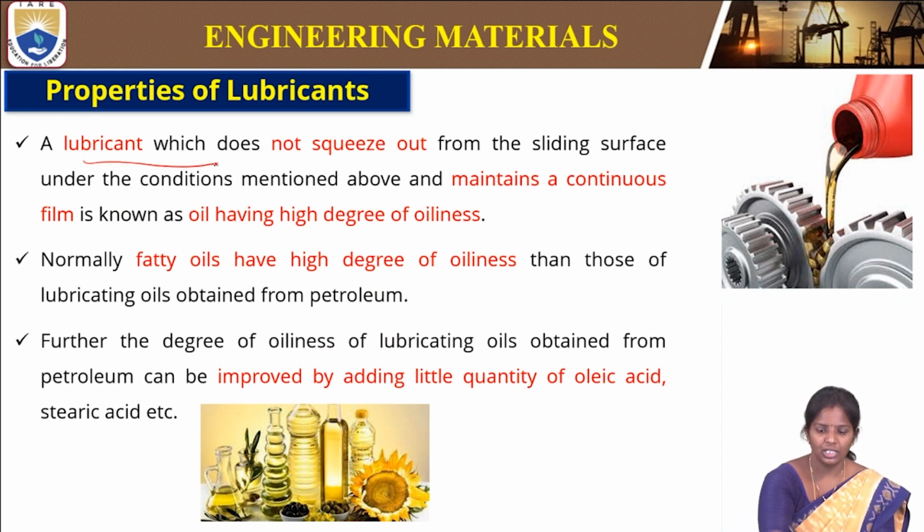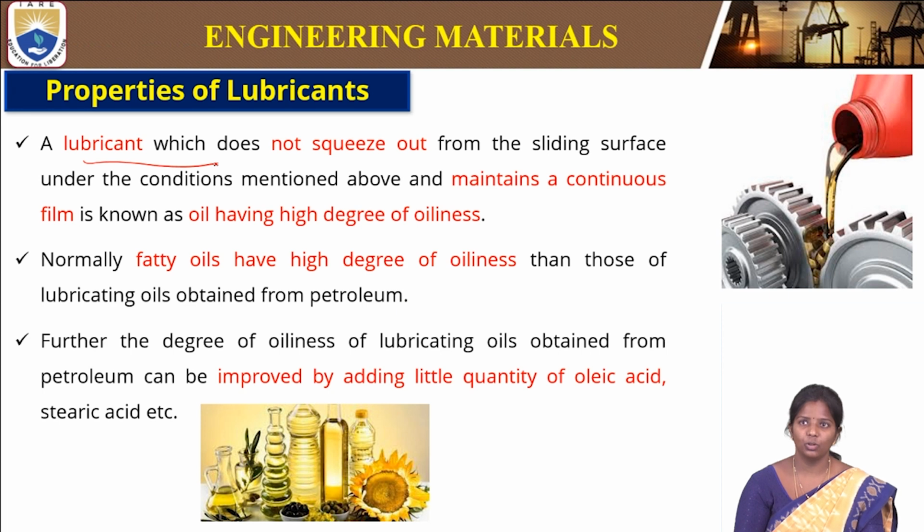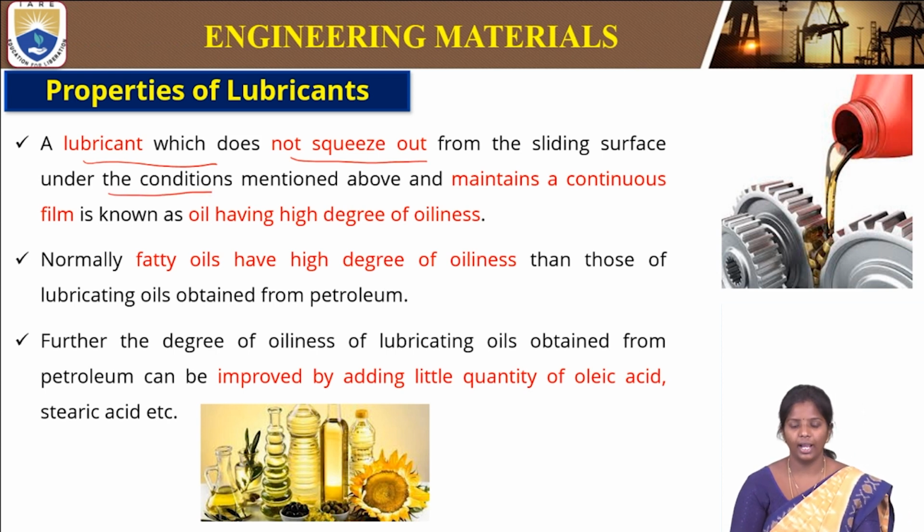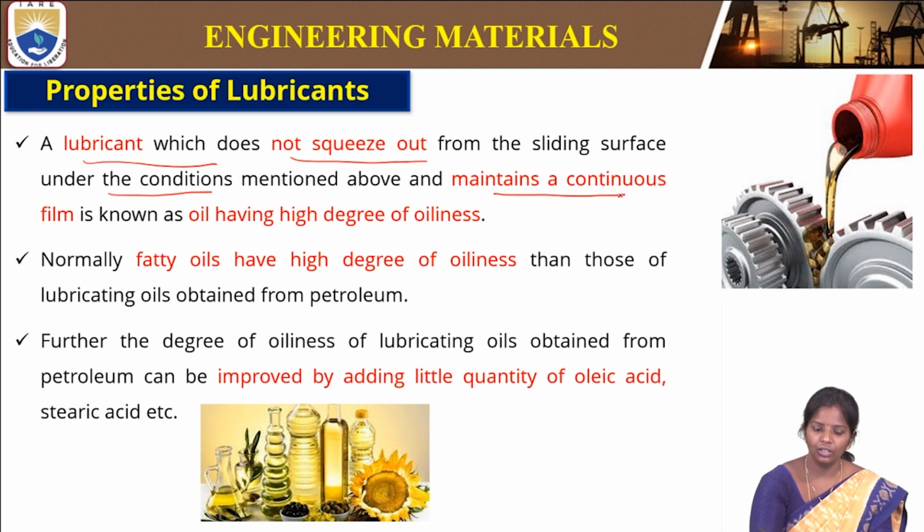So there are some lubricants that do not squeeze out from the sliding surface under the conditions mentioned before, like heavy load and high speed, and maintain a continuous film.